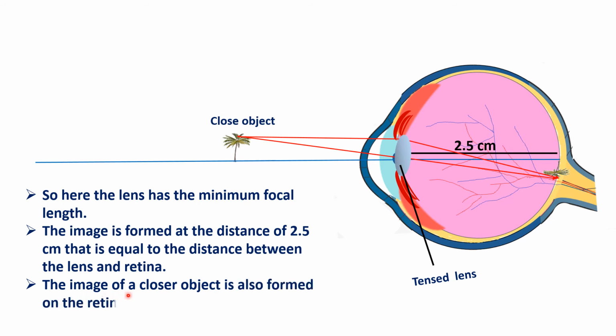The image of a closer object is also formed on the retina in this case also. That means it is nothing but accommodation of eye. Accommodation of eye is nothing but the eye lens can change its focal length depending upon the position of the object in order to form its image on the retina.